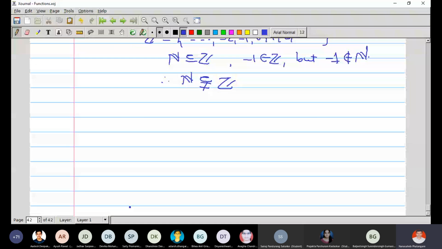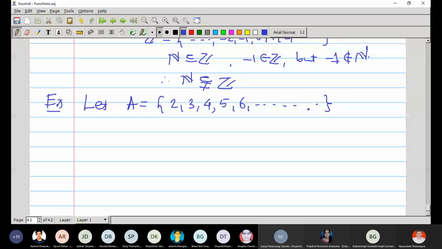Okay. Now, next question I would like to ask. Let A equal 2, 3, 4, 5, 6, and so on, all natural numbers after this, and N is the set of natural numbers. Now I am going to ask a very simple question.